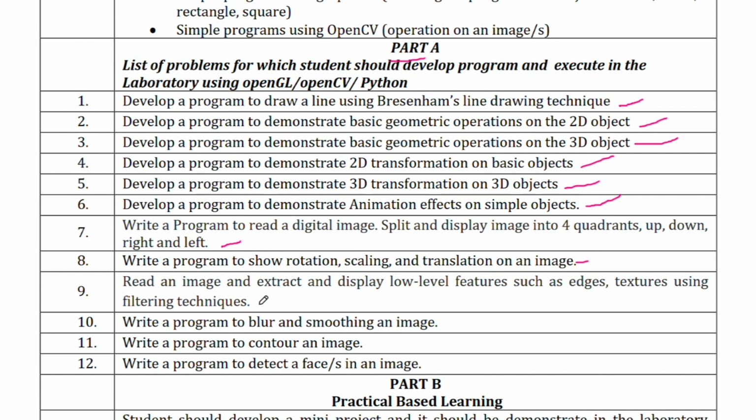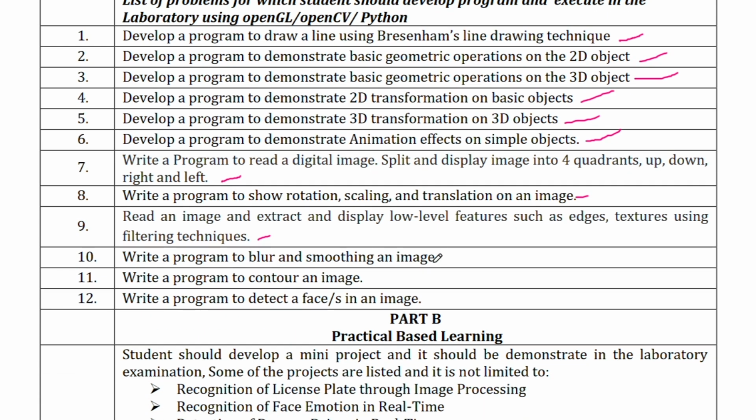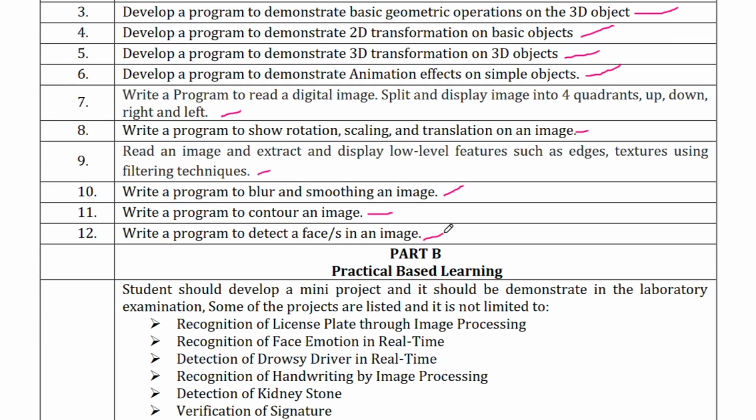The ninth program is to read an image and extract and display low level features such as edges and textures using filtering techniques. The 10th program is to blur and smooth an image. The 11th program is to contour an image. The 12th program is to detect faces in an image. These are all the part A list of programs.